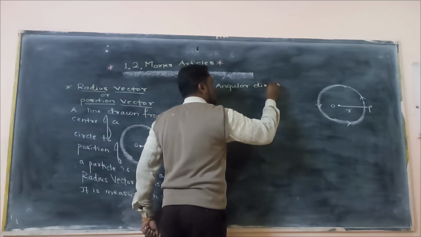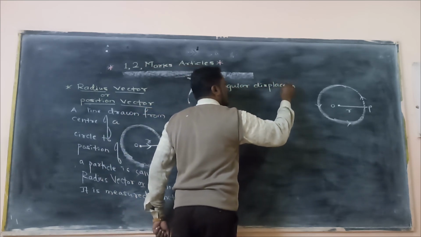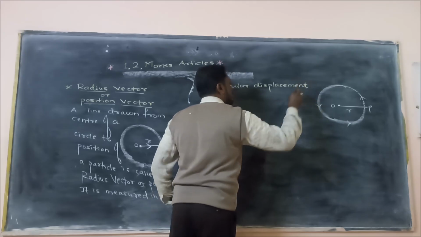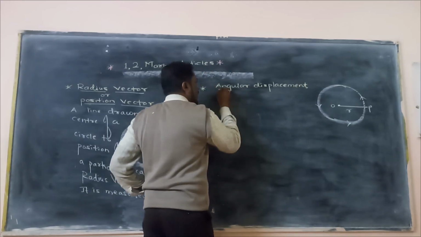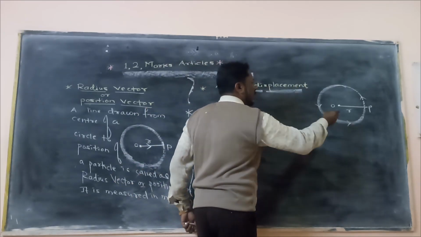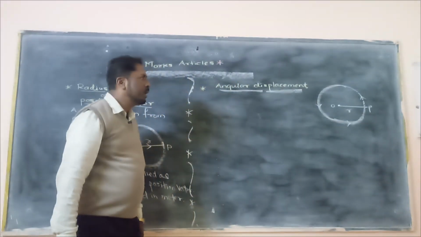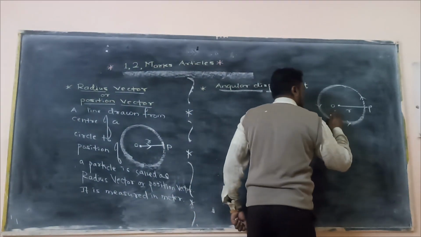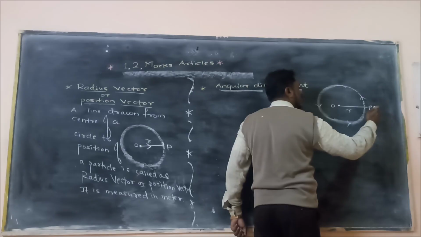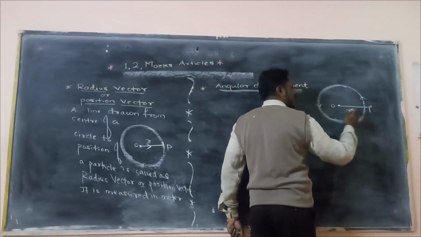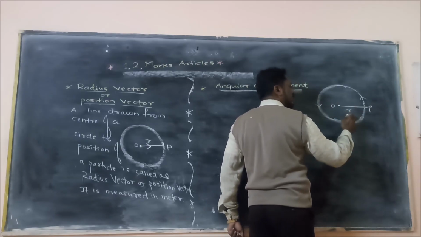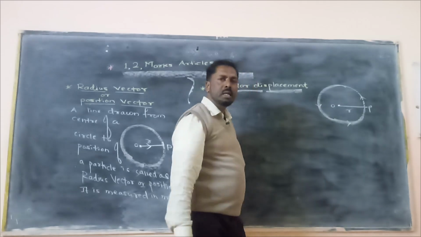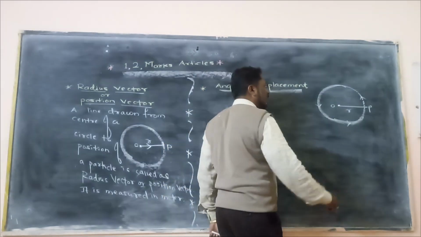To understand the concept of angular displacement, in the diagram, let there be the center, and P be the point or a particle situated at a distance r. That distance r is called the radius vector or position vector.